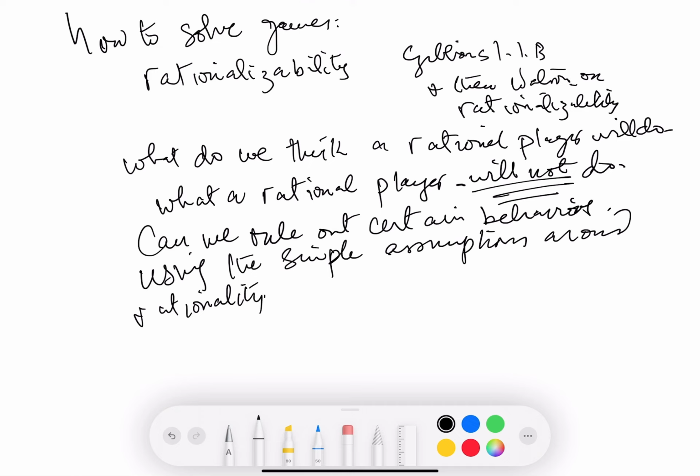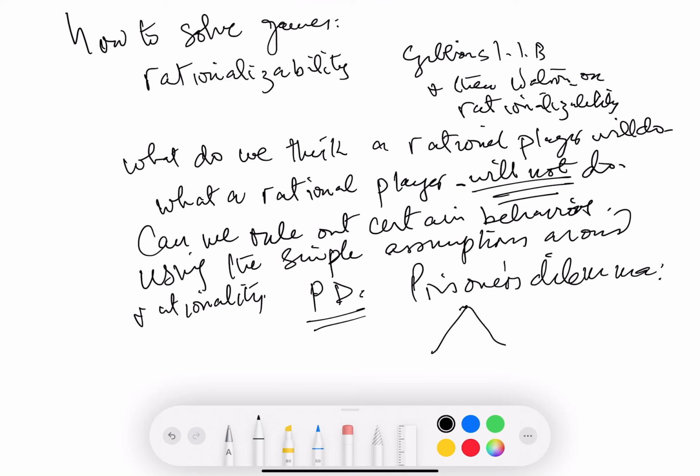So we thought, right, that in a simultaneous game, so think about the most common game used, which is prisoner's dilemma. Everybody has heard of this game, right? There are two players.